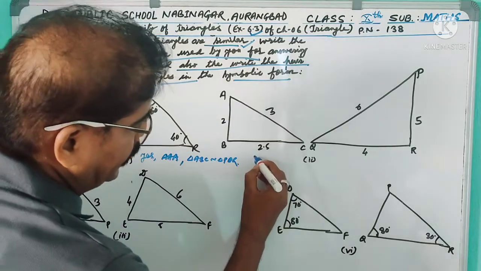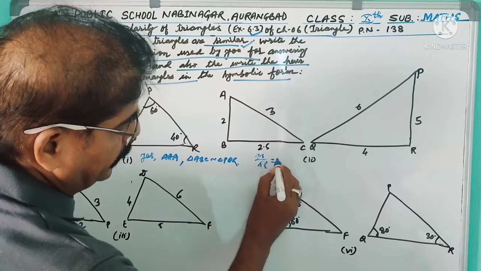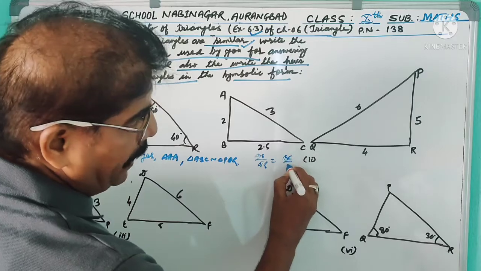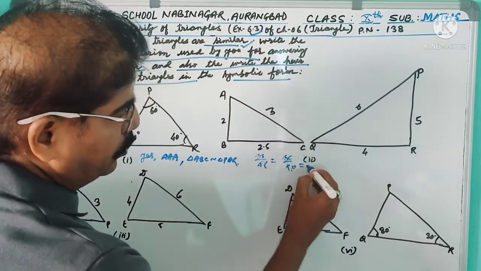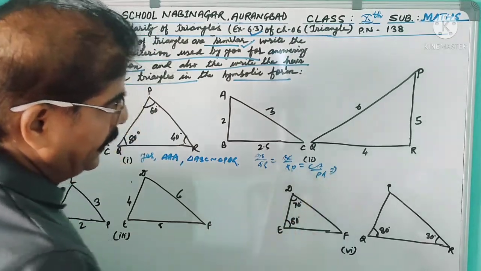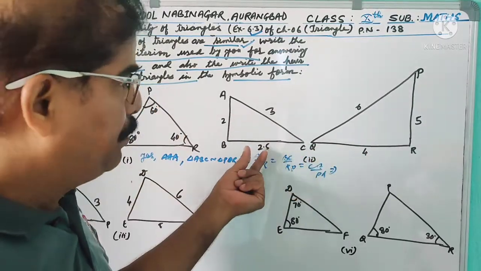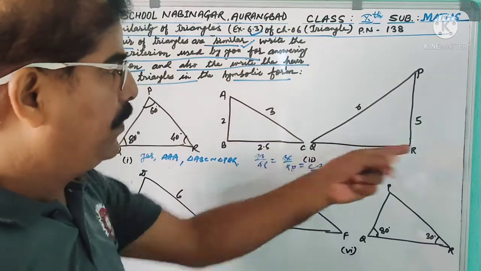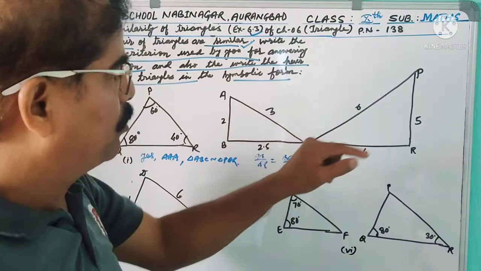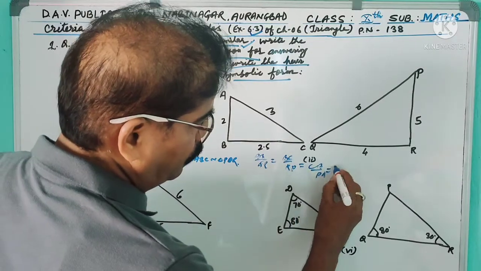We observe that AB by QR equal to BC by RP equal to CA by PQ, such that AB by QR, that means 2 by 4 equal to 1 by 2, BC by RP, 2.5 by 5 equal to 1 by 2, CA by PQ, 3 by 6 equal to 1 by 2. All are equal to 1 by 2.